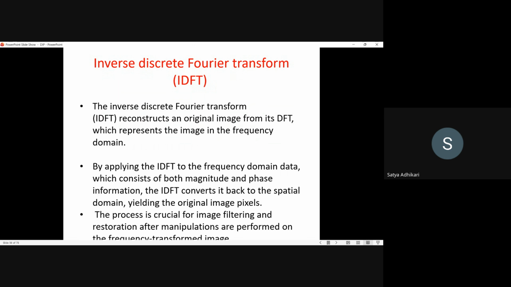The inverse discrete Fourier transform constructs the original image from its DFT, which represents the image in the frequency domain. You know that in DFT the image is in the frequency domain, so it needs to be transformed to the spatial domain as its original domain.